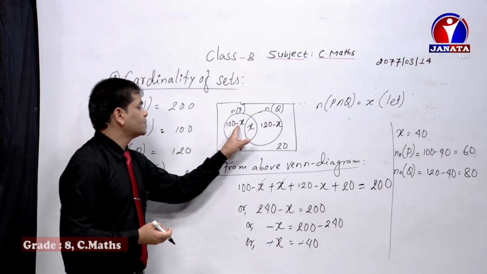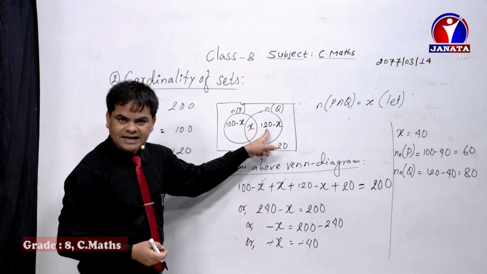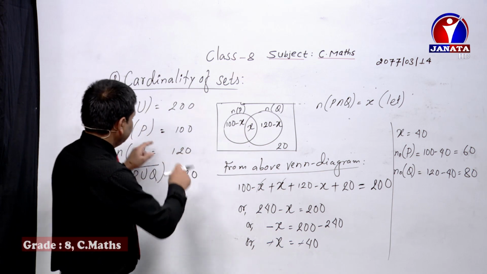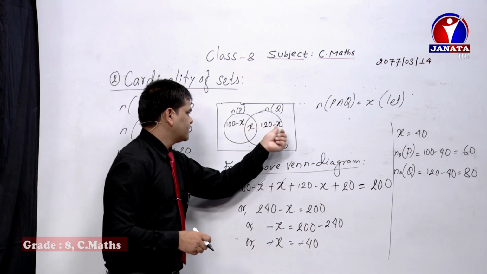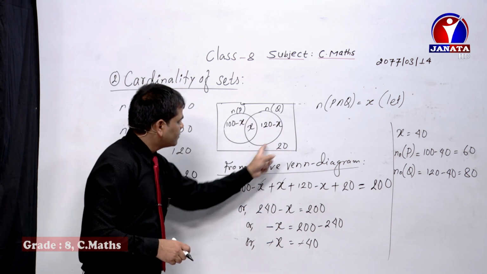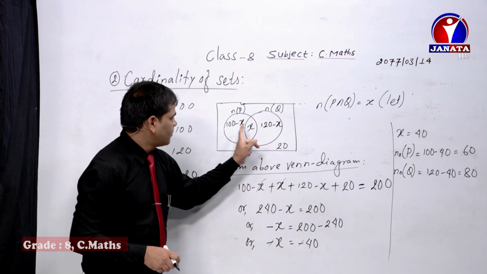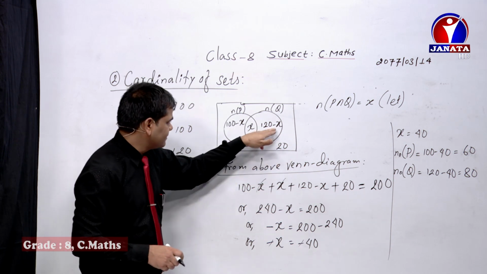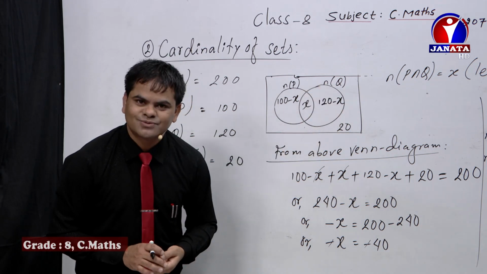That's why we need to do minus x here. And this side also, 120 minus x, because in the circle Q there must be 120. So 120 minus the value of x. If you add all together the values contained in the Q set, of course minus x and plus x will be cancelled, and altogether the value becomes 120.